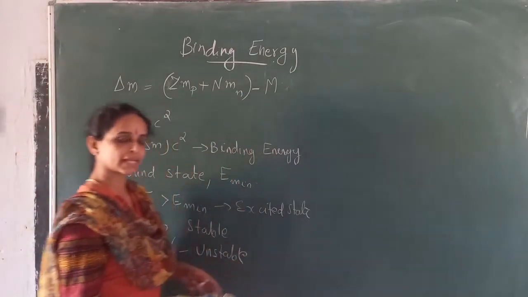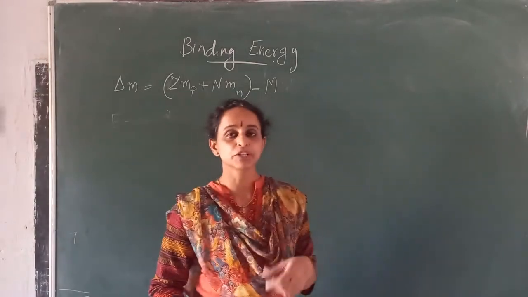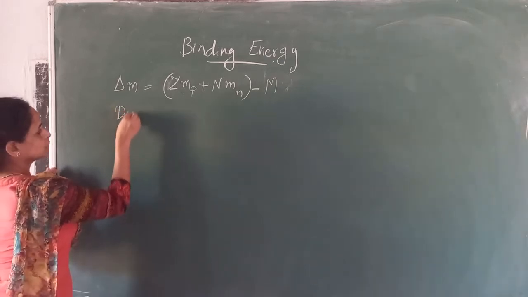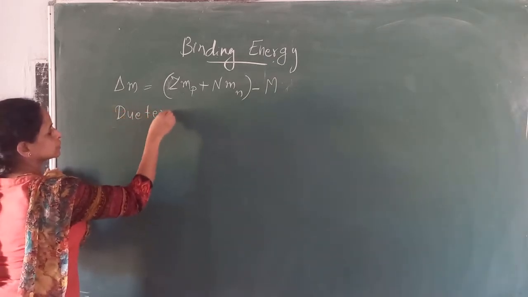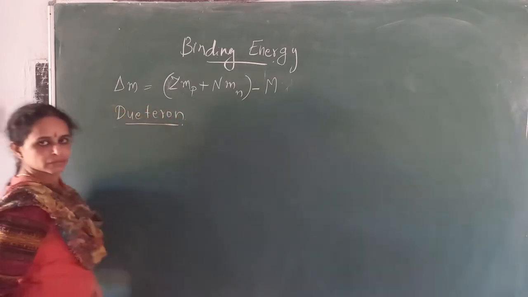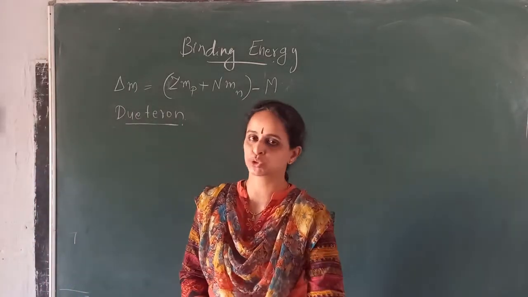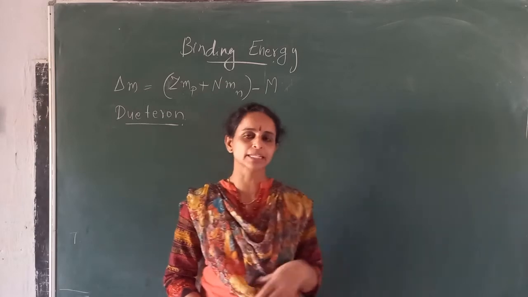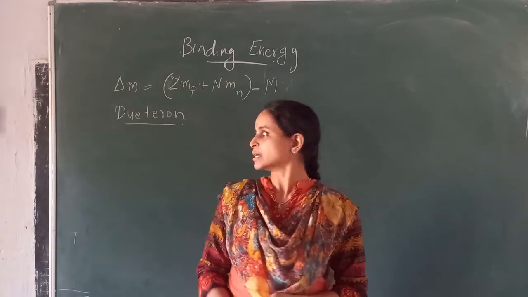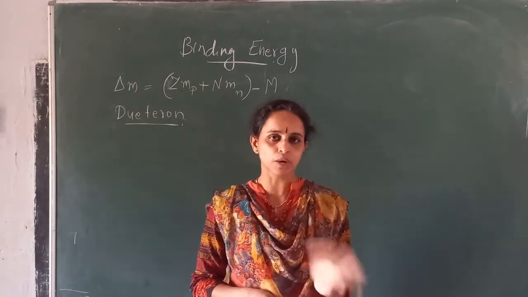We can just give an example. We can take an example of a deuteron. Here we have one proton and one neutron. This is the isotope of hydrogen, that is, deuterium or deuteron. So it has one proton and one neutron.